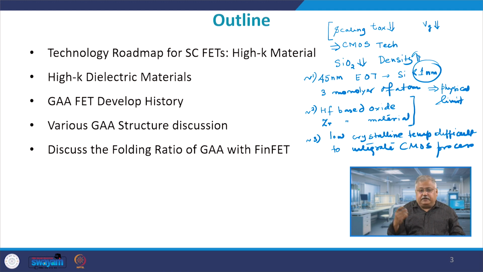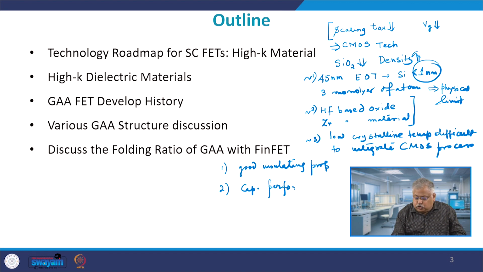Now, what are the basic requirements of high-K dielectric? First, obviously, it should have good insulating property, and the second important point is that its capacitive performance should not be compromised. So, one is a good insulating property, another is a capacitive performance.